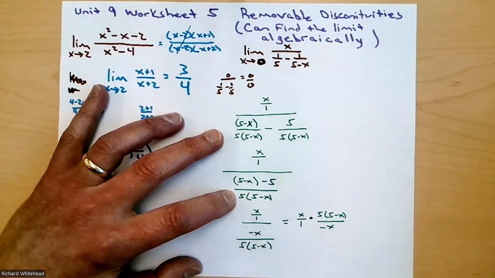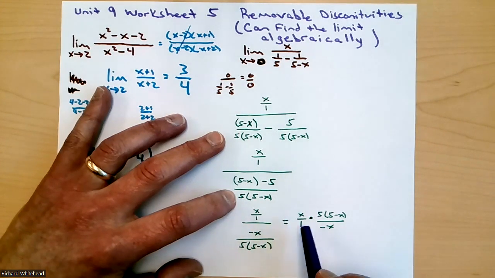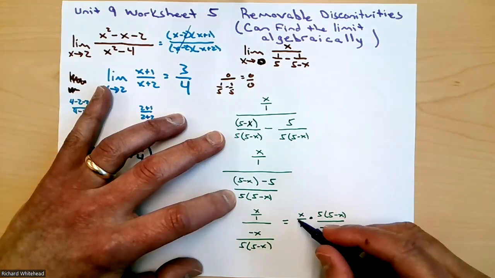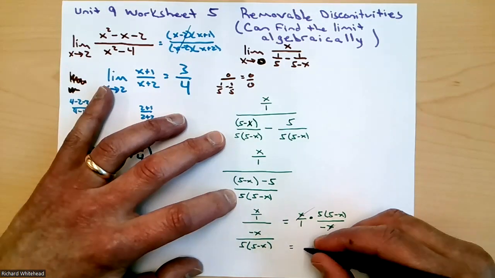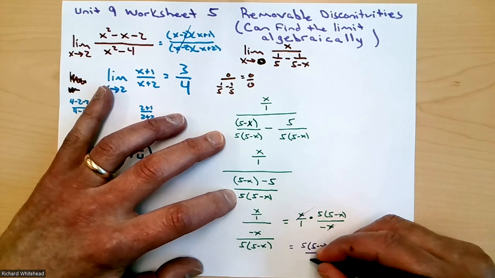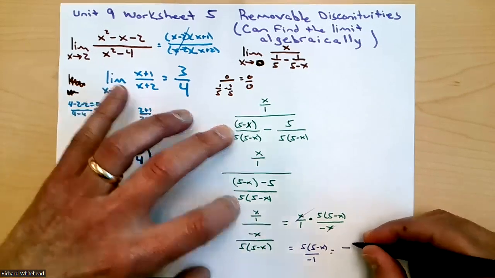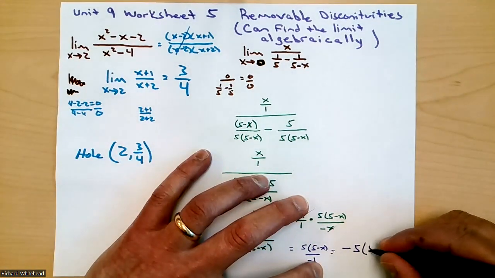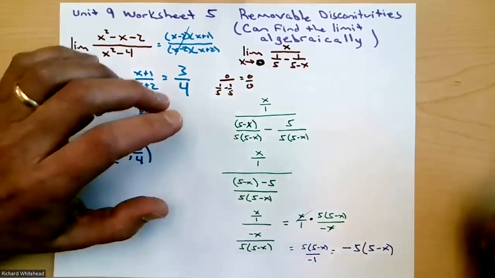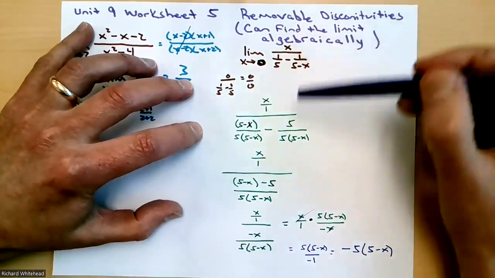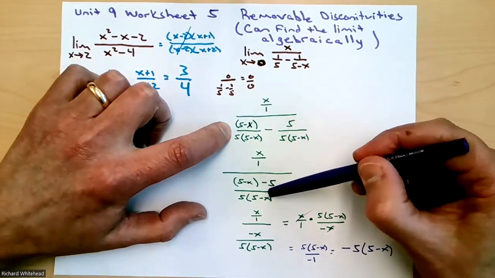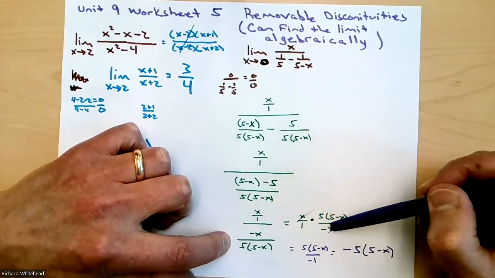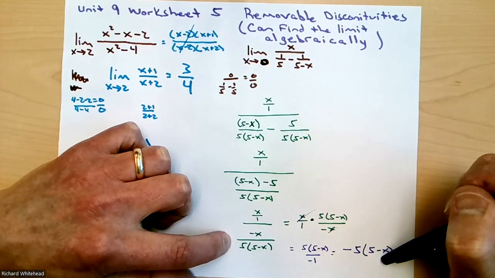And when you're doing these problems, we should always get some cleaning. So how convenient, the x and the x are going to cancel. So we're left with, it's got a negative on it, 5 over 5 minus x over -1, which would really just be negative 5 minus x. So this is annoying. We had to go through the whole process of getting a common denominator to make it one fraction over one fraction so that we could multiply by the reciprocal to clean it up.